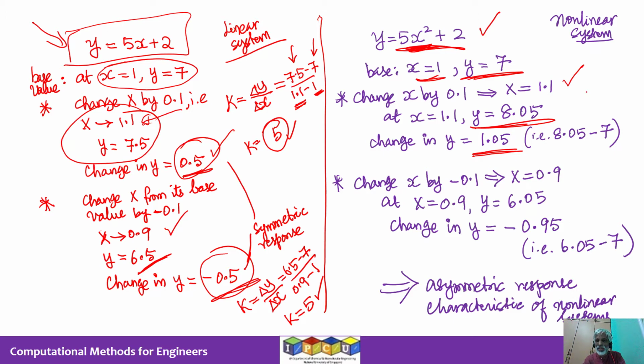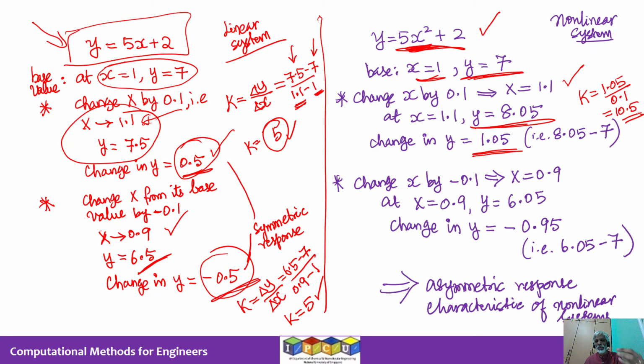So if you're looking for the gain of the system in this case, it's going to be 1.05 by 0.1, because the change in y is 1.05, the change in x is 0.1. Therefore, it's going to be 1.05, which is the change in y, divided by the change in x. So the gain is 10.5 for this positive change in the input.